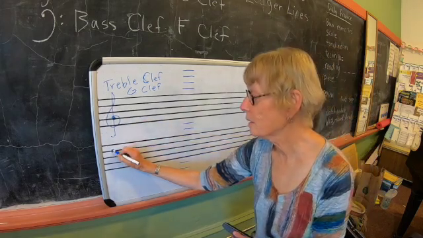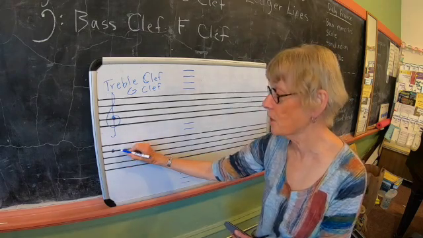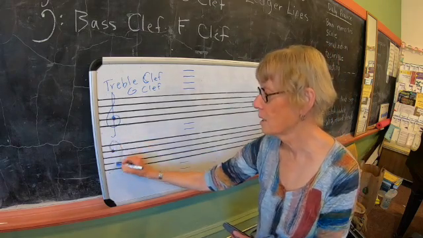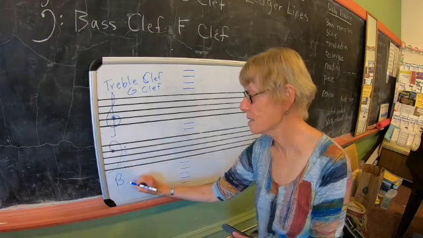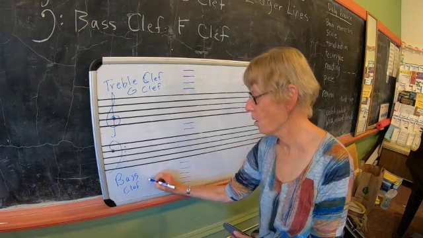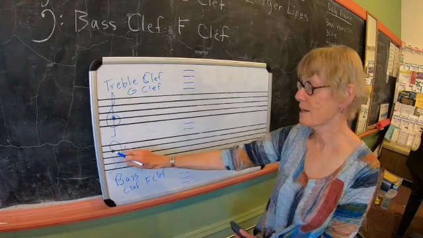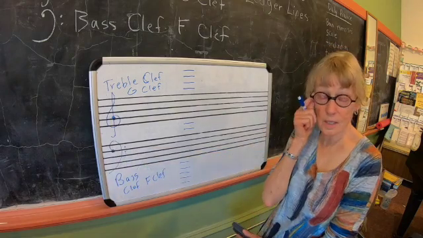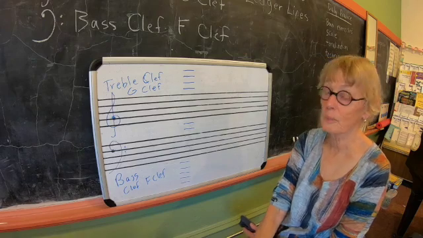At some point, somebody said, well, let's make the other staff with an F. This is called the bass clef or F clef, because that's an F. And all lines and all spaces in between are alphabetical.